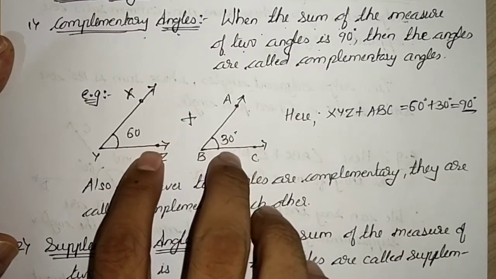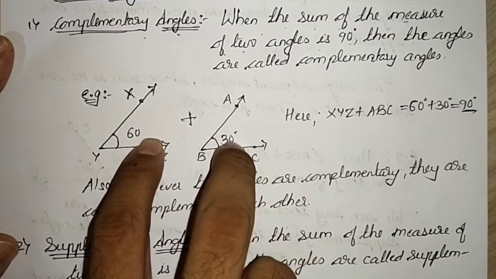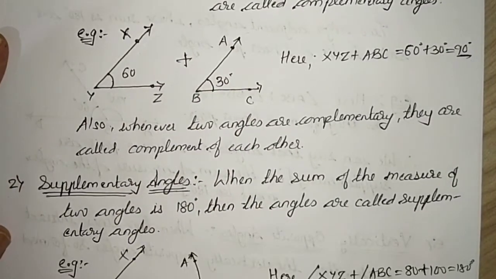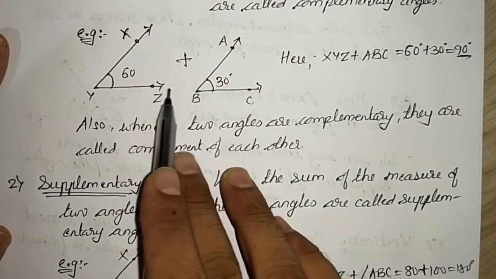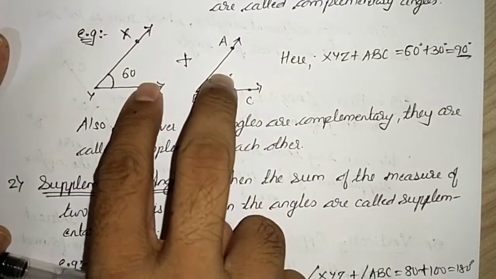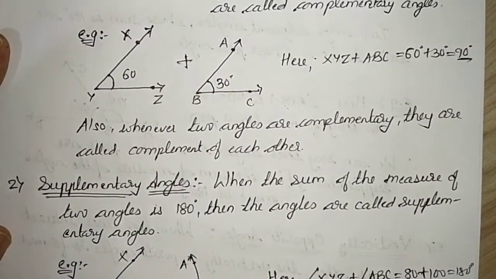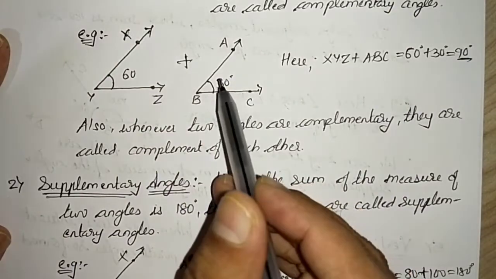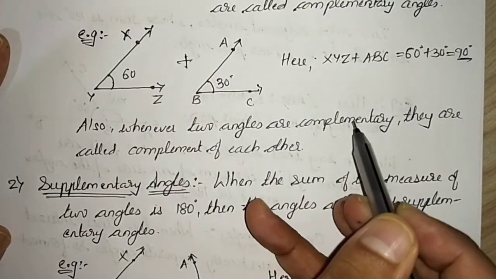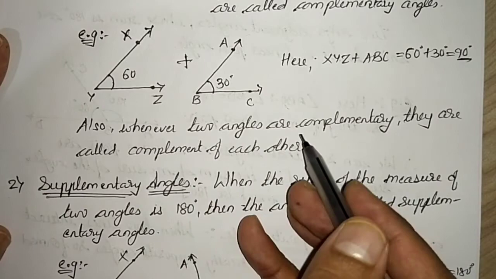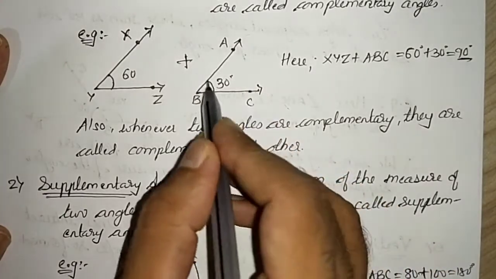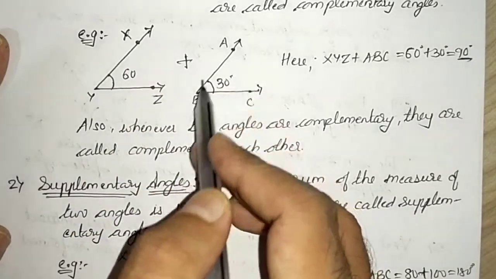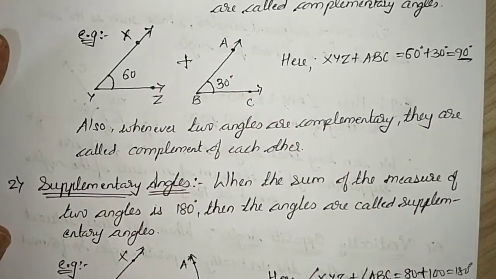We can also say XYZ is the complement of ABC. Whenever two angles are complementary, they are complements of each other. That is, ABC is a complementary angle of XYZ, and XYZ is a complementary angle of ABC.